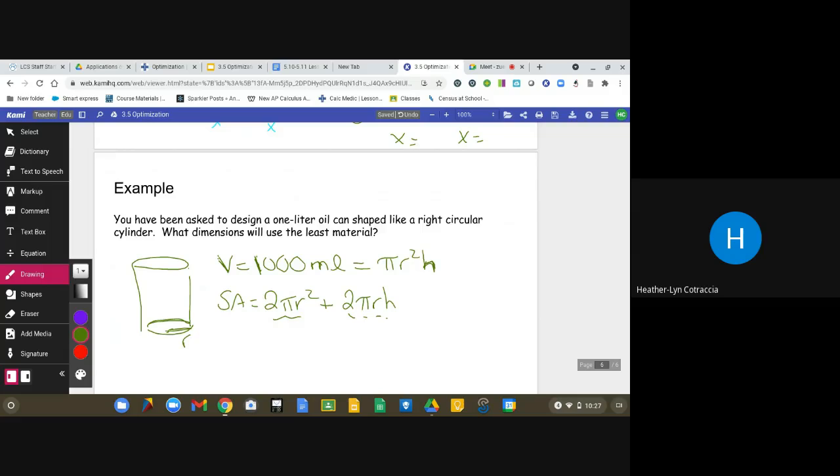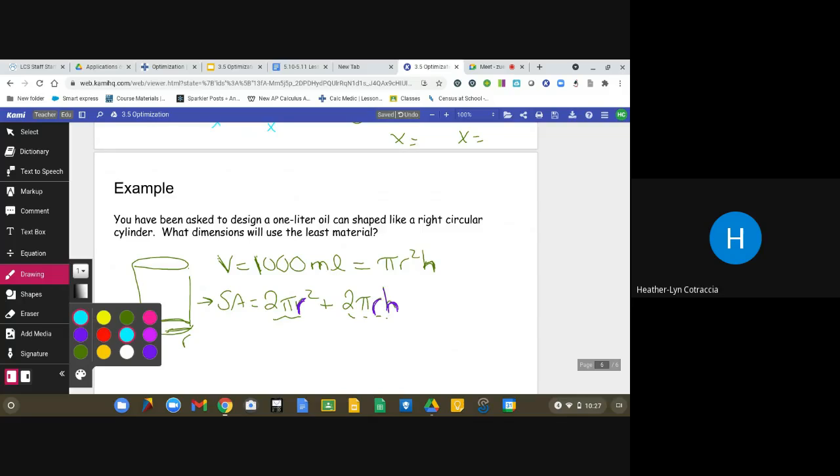Now here's the issue. This is the equation I'm going to be using because that's the one that I'm minimizing, right? Which dimensions use the least amount of material. So I'm minimizing my surface area, but I have an r and I have an h. So I have too many variables. So we're going to use that top equation there to solve for one of the variables, and it doesn't matter which one.